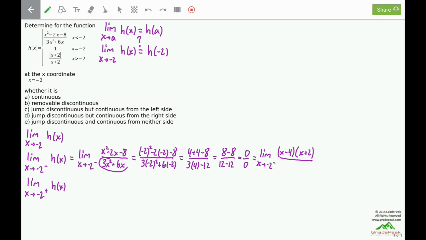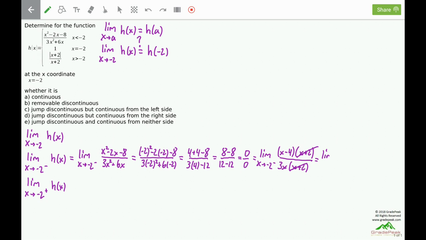The denominator is not a trinomial quadratic. It's missing the third term, the constant. But it does have a common factor of a 3 as well as an x. So we can factor a 3x out of there, which will leave us with an x plus 2. And it's the x plus 2 factor that's making the 0 in the numerator and denominator as x approaches negative 2, but they can cancel.